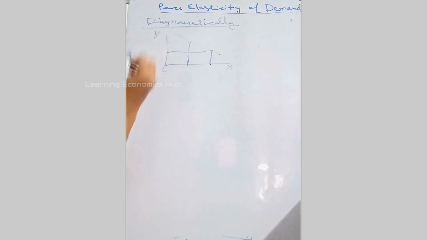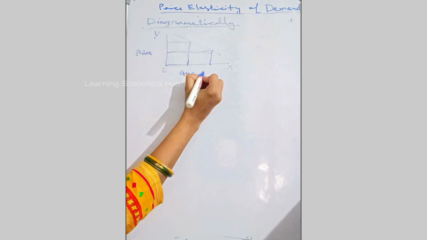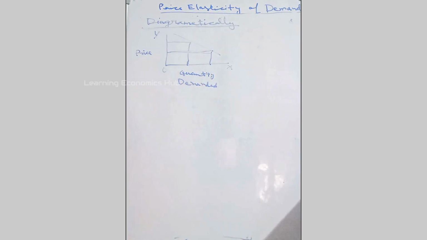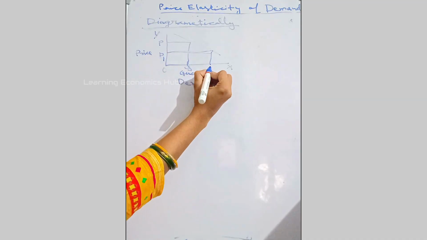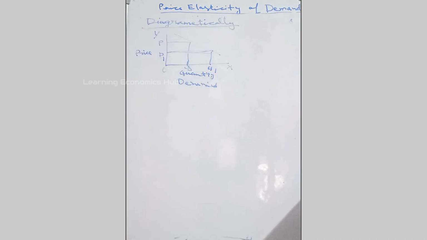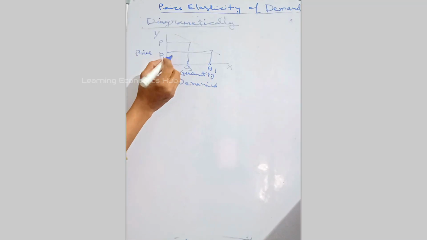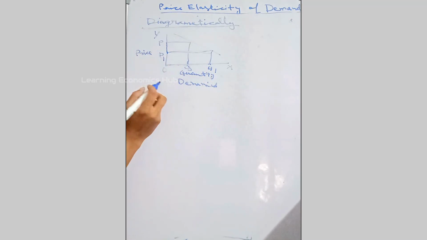On the x-axis, 0, and the y-axis, here we put price and here quantity demanded. P, P1, Q, Q1. When the change in demand is more than proportionate change in price.